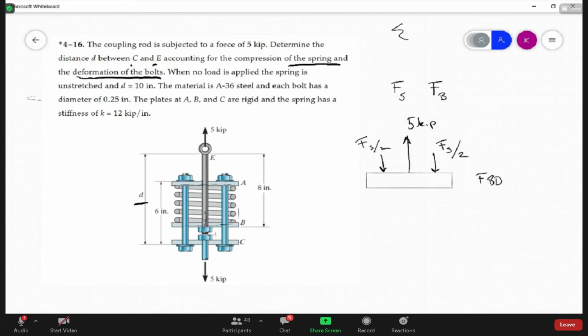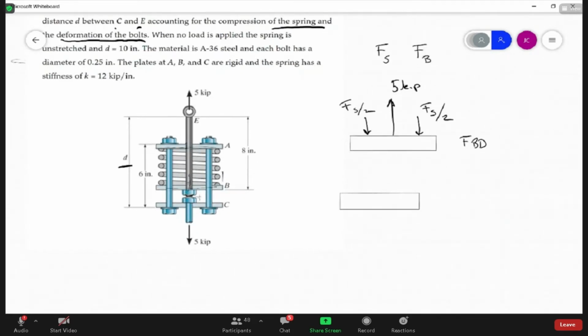All right. Now, let's look at the top plate A. I'm going to draw that free body diagram. The top plate A has the net spring force acting up, because it's in compression. We know that that's 5 kips. And balancing that is going to be the force in each bolt.